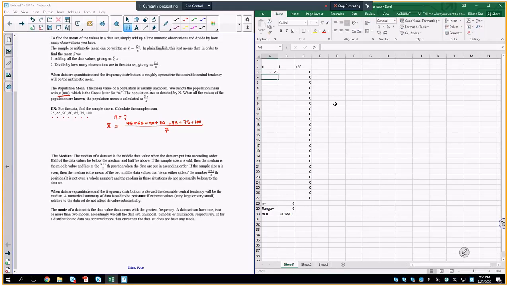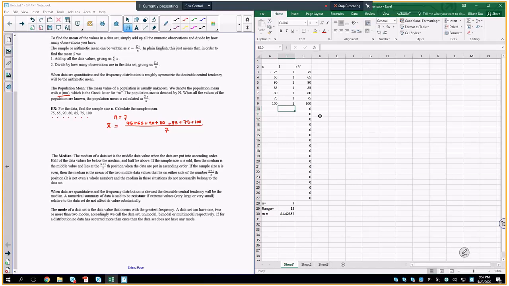So 75, 65, 90, 80, 75, and 100. And then for frequency, for each one I just have 1. And it's going to calculate the mean for me.